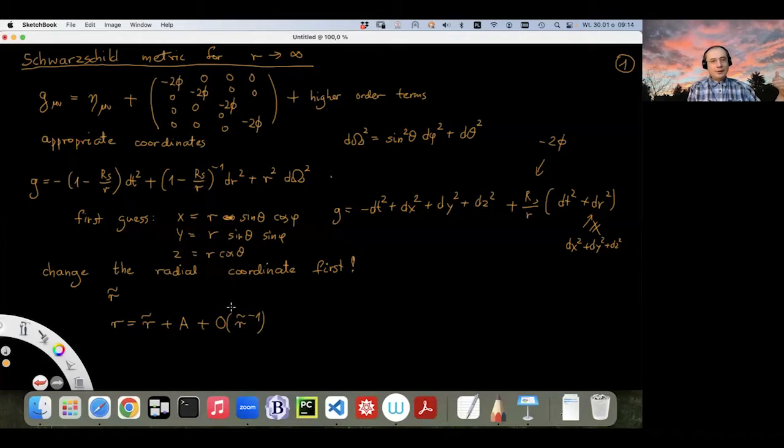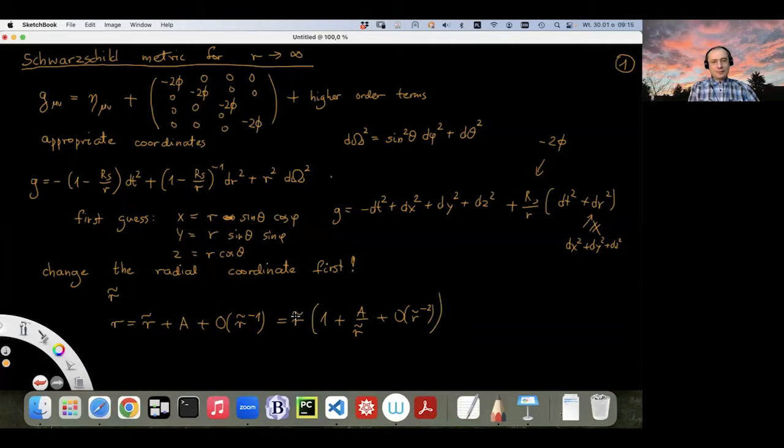So you can think that we write the old coordinate in terms of the new coordinate, but as a series in 1 over r, which begins with r tilde. And we can also write it in the following form.